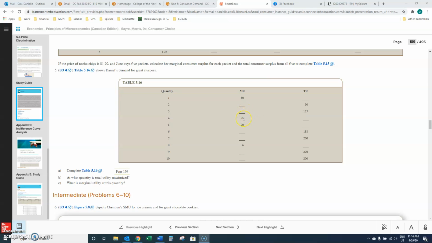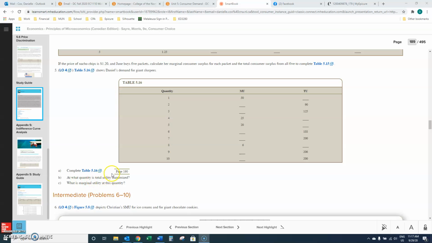Then in the fourth one, they get an additional 25 for marginal utility. So the total is going to be the previous total plus the new marginal utility for the next item, which is 125 plus the 25, which is 150, and we just keep going down.